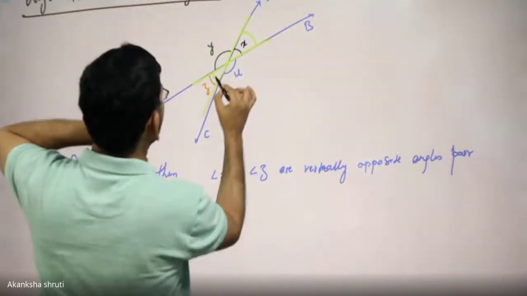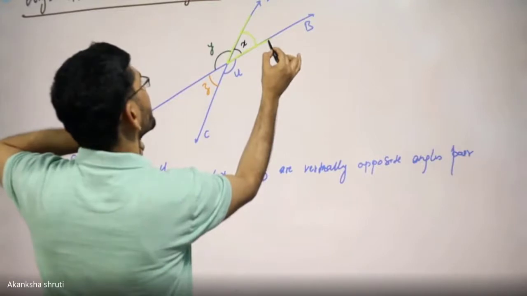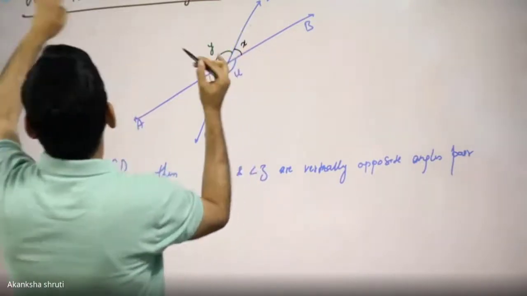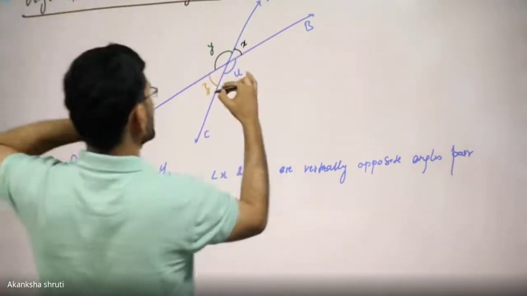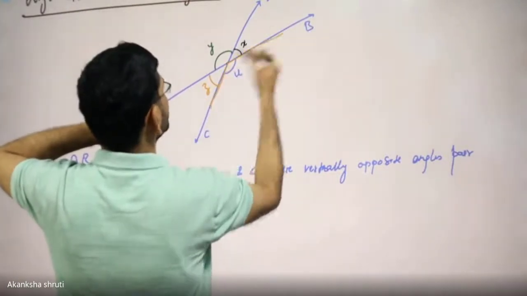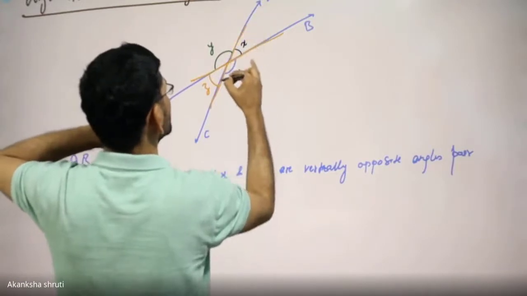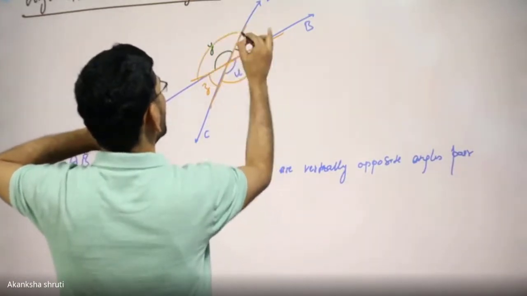Similarly, one may look for the angle from this side. One may see for this one and the other to this vertex, looking for this one and this one.